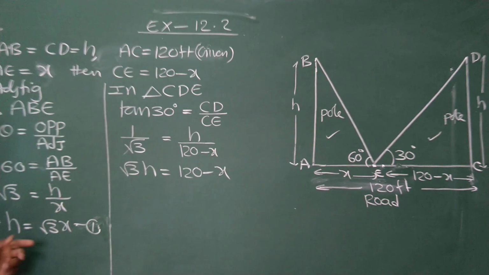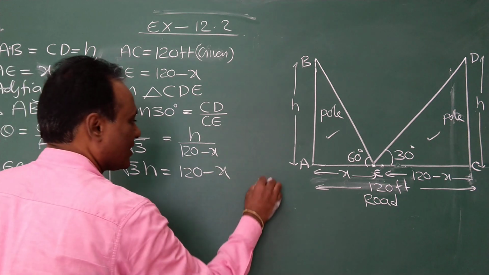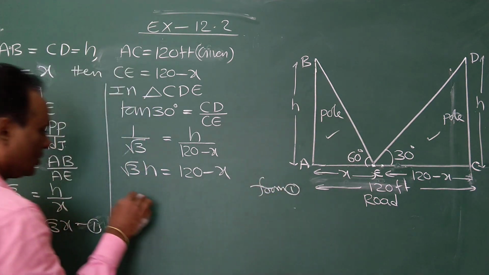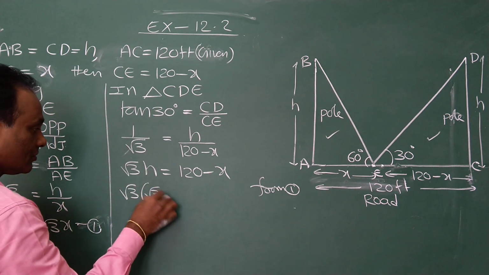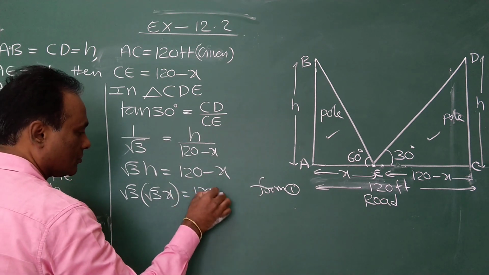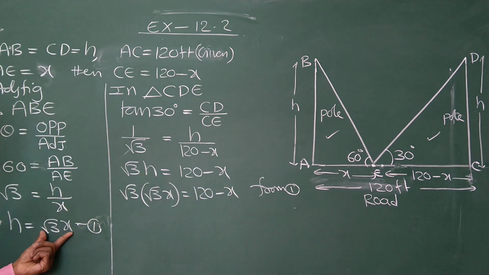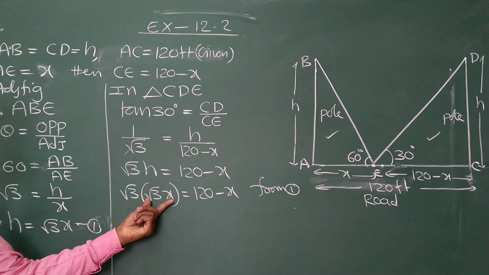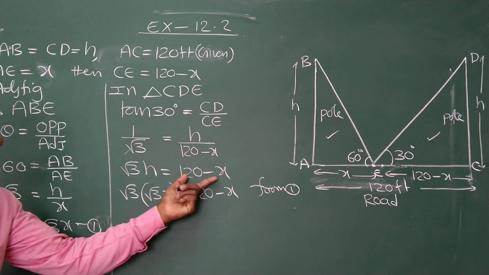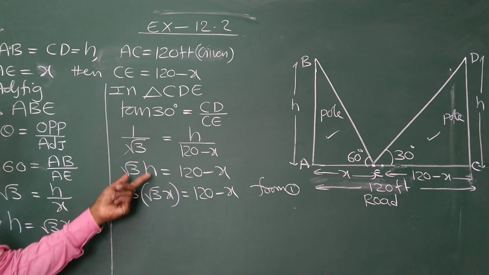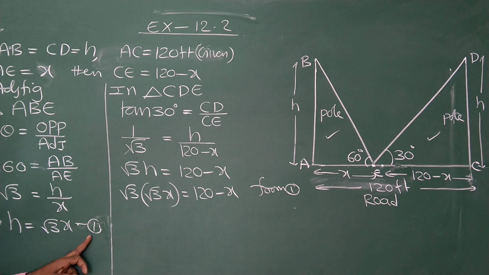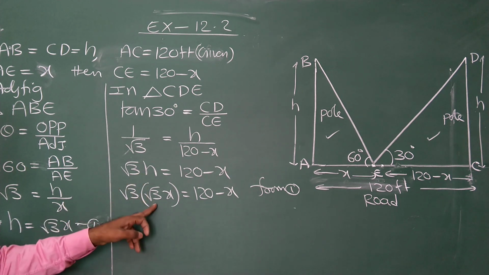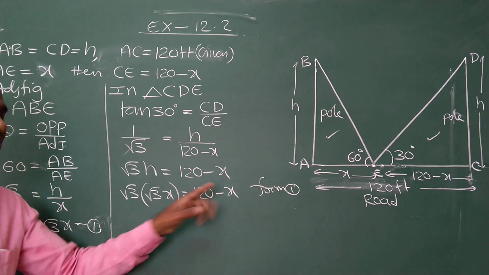In place of H, I will write root 3 X. From equation 1, H value is root 3 X. Root 3 into H is equal to 120 minus X. In place of H, I am writing root 3 X. Only one value we can find easily.